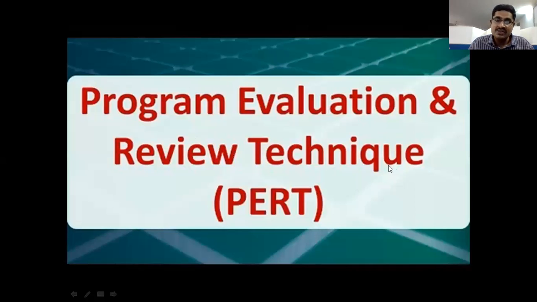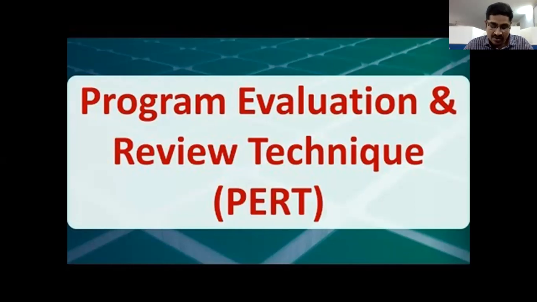Next, the Project Evaluation and Review Technique. This technique is used for very large, huge, and non-repetitive contracts. Please remember this thing: very large, huge, and non-repetitive contracts use PERT. Here in the PERT diagram, we don't know the exact time for each and every activity.